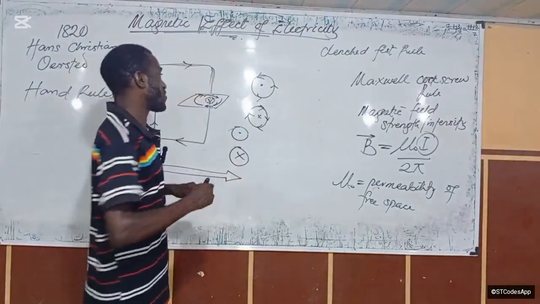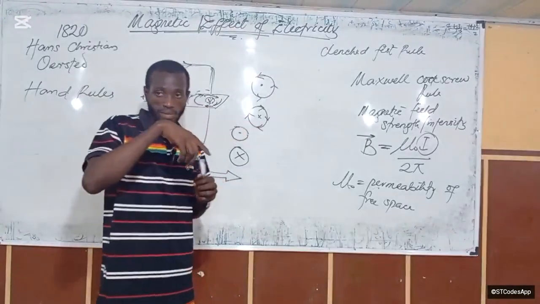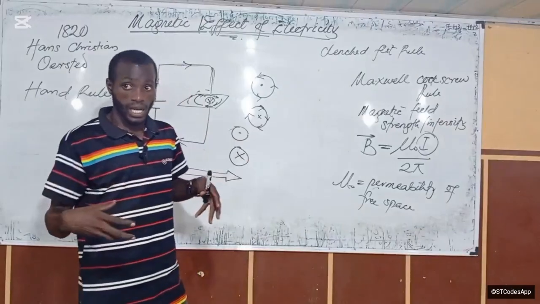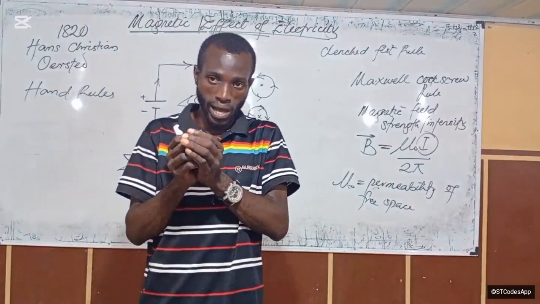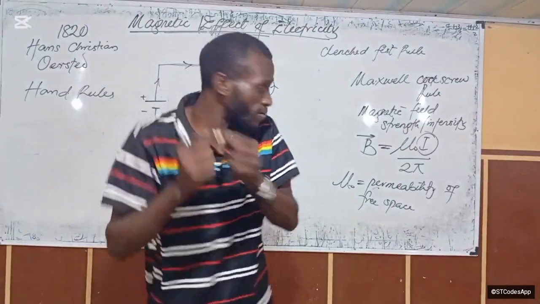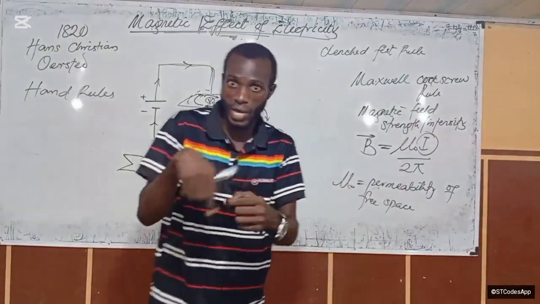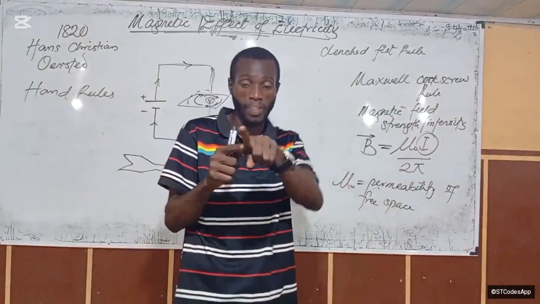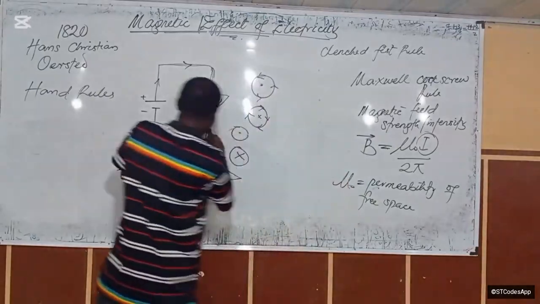And the farther away from the wire you are... because the closer to the wire you are, the higher the density of the magnetic flux. The magnetic flux is just the field lines. So the field lines are closer together as you get close to the wire.